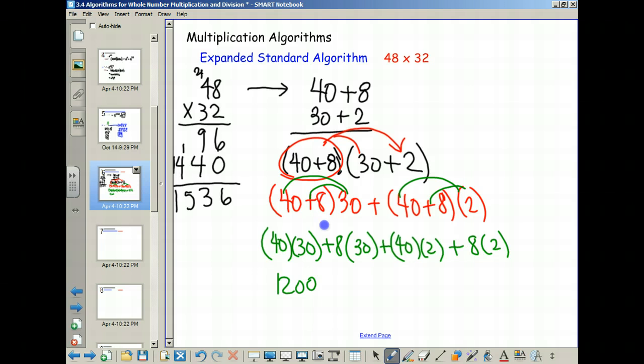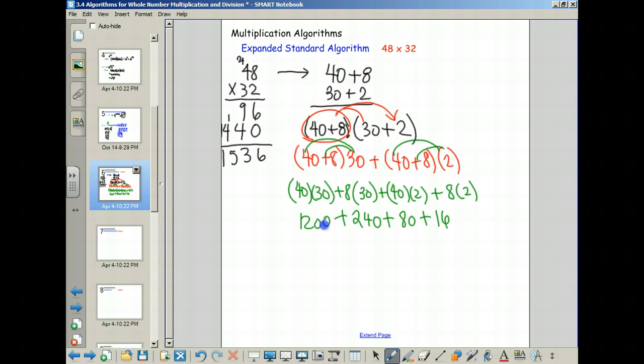How about 8 times 30? 240. 40 times 2? 80. 8 times 2? 16. All right, so let's imagine putting these, we'll line them all up. This is 1,200, 240, 80, and 16. So we'll do our standard algorithms we did before.